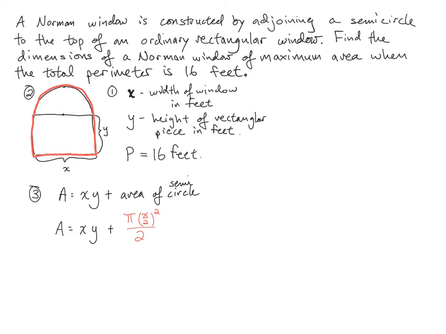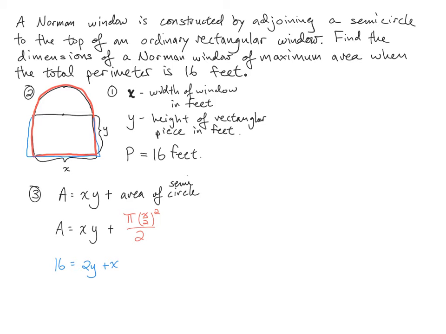And we know that the perimeter is 16 feet. That is our secondary equation. So this would be 16 equals 2y plus x. So we can get these three sides added together. Then we need to add to that the perimeter of a semicircle. And so the perimeter of a semicircle, or the circumference, is 2 pi r.